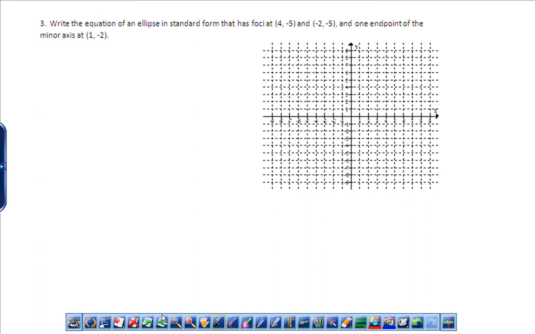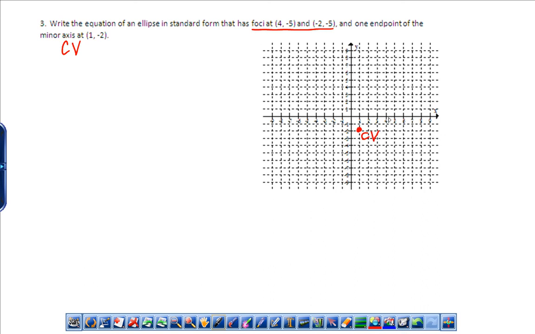Okay, on 3, it says write the equation of an ellipse in standard form that has a focus of (4, -5) and (-2, 5). So they're given both of those and only one endpoint of the minor. So this is a co-vertex of (1, -2). Co-vertex here.